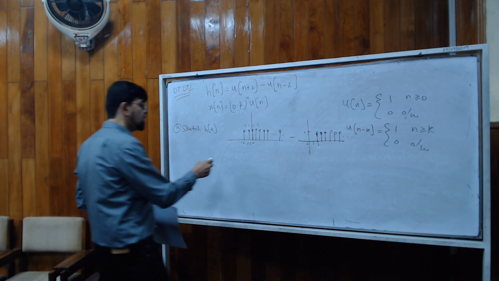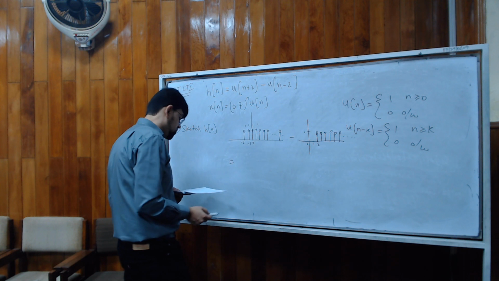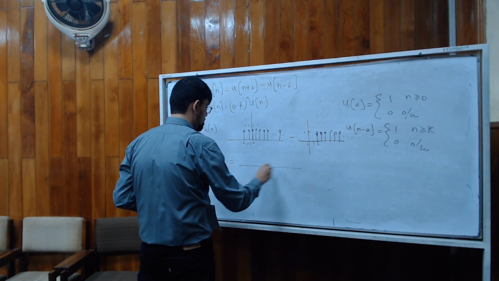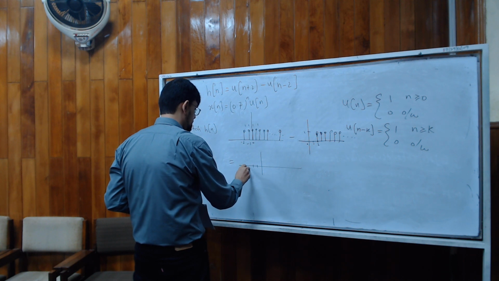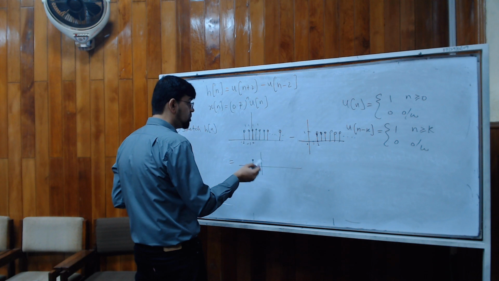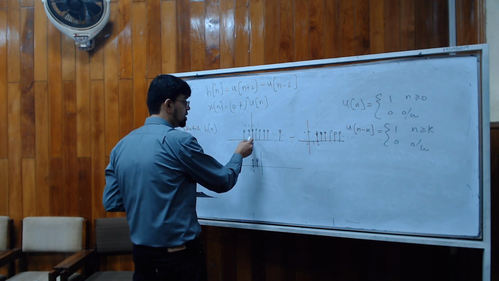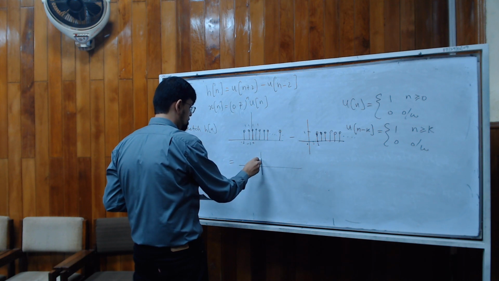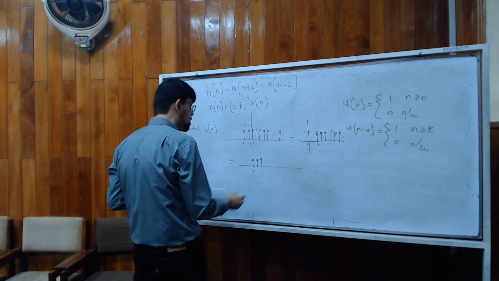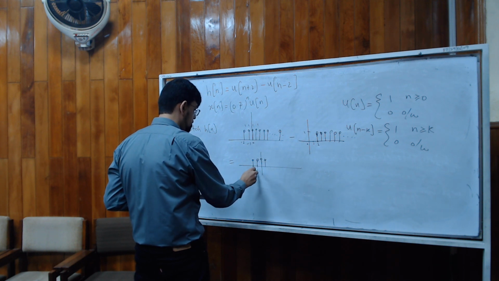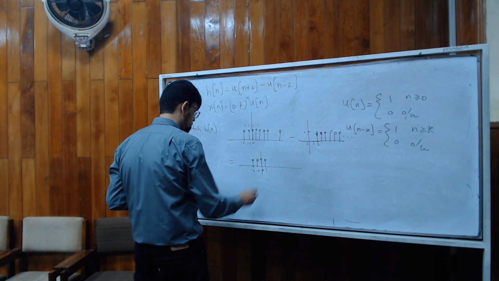So what do you get? Basically, if you subtract them, at minus 2, nothing to subtract here, so it will show up as it is. At minus 2 there will be a 1. At minus 1 there will be a 1. At 0, nothing to subtract again, so again a 1. At 1, again nothing to subtract, again a 1, so this is minus 1, 0 and 1.